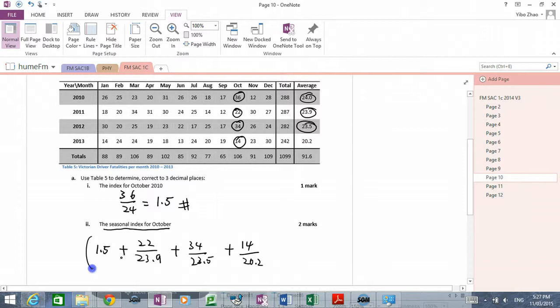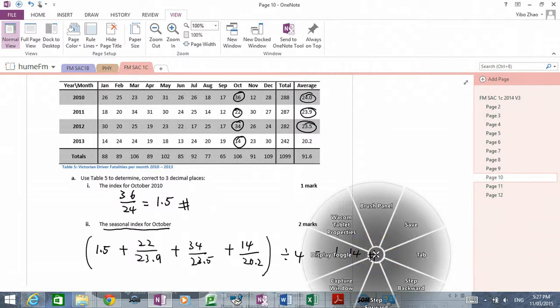So make sure you add all of them up and divide by 4 to find the average index. You find that it's going to be 1.14.